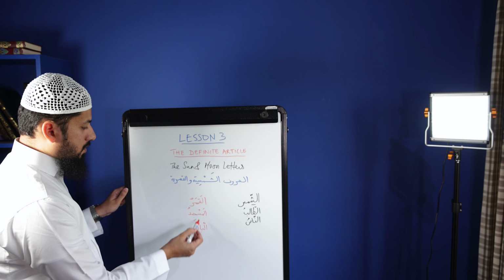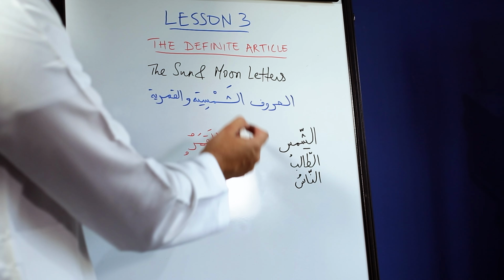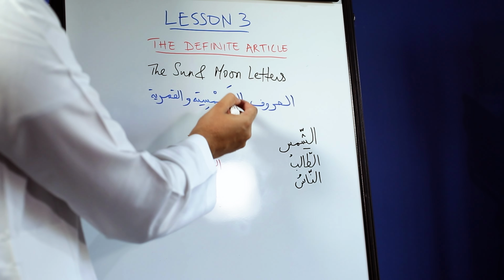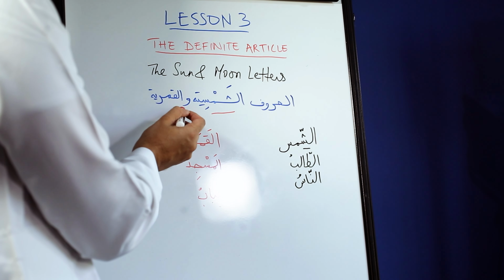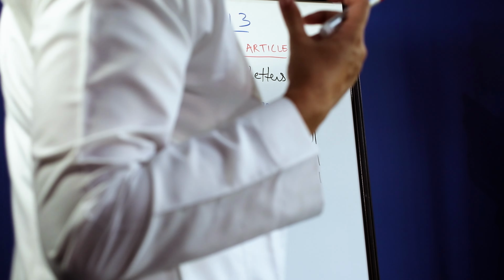For these words, the lam is pronounced distinctly, as you can see. So huruf al-shamsiyya, where the lam is assimilated or silent, and al-qamariyya, where the lam is pronounced clearly.